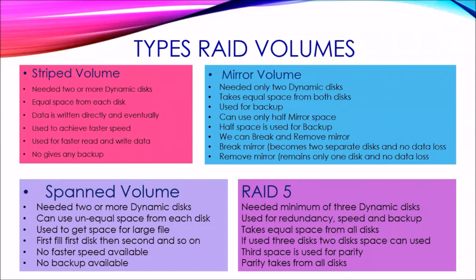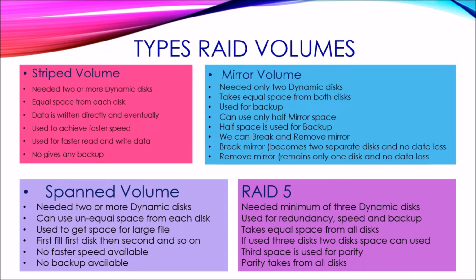Types of RAID volumes. The first one is the striped volume. Here we need two or more dynamic disks, which means we can use multiple disks but cannot use a single disk. But we must take equal space from each disk.